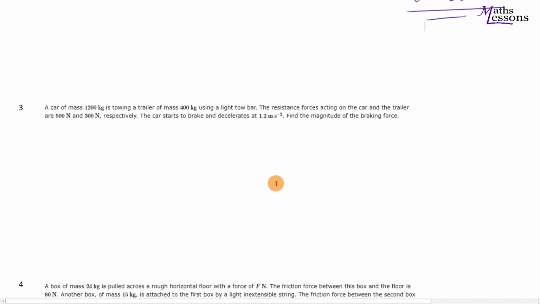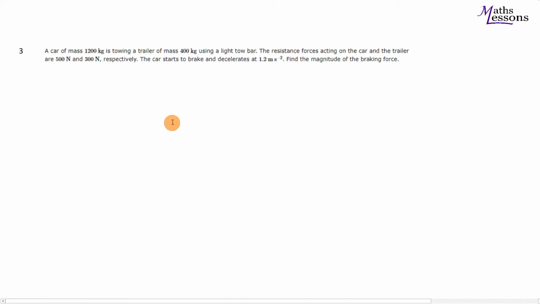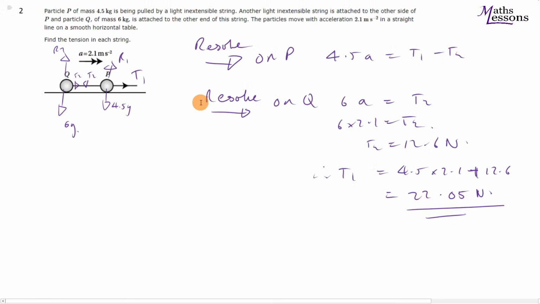Right, now question 3, if there are no questions in the class. I'm not doing the whole system, I'm resolving on each particle in turn. I just got asked why the mass is not 12. I can't see a mass of 12 anywhere. Where I get the 4.5 from is the mass of this particle up here.